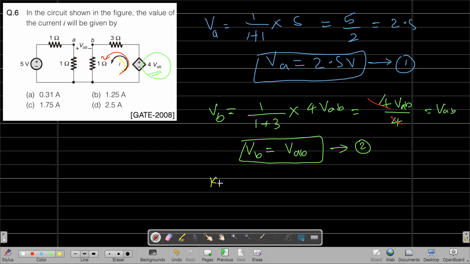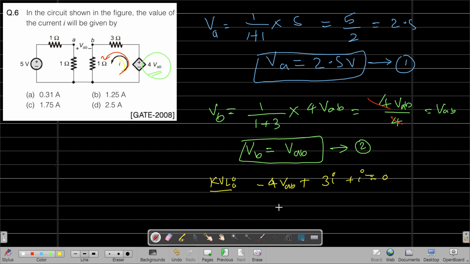KVL: minus 4 VAB plus 3I plus I equals 0.